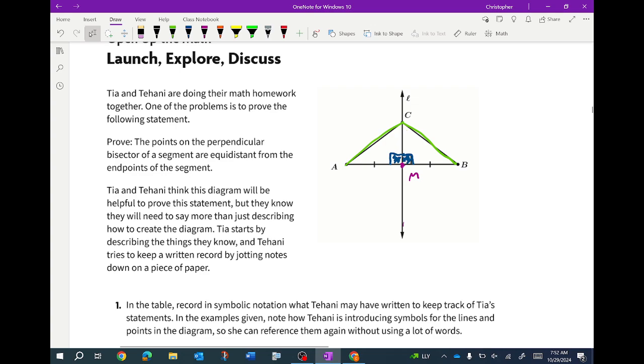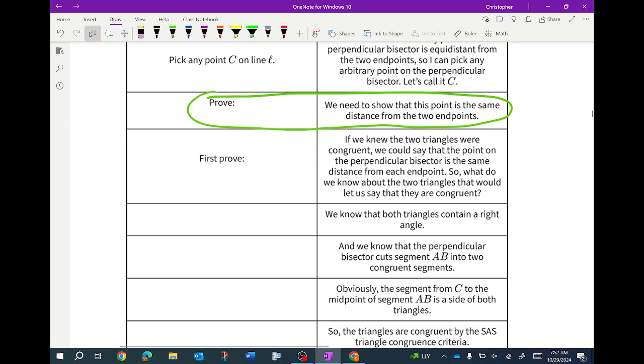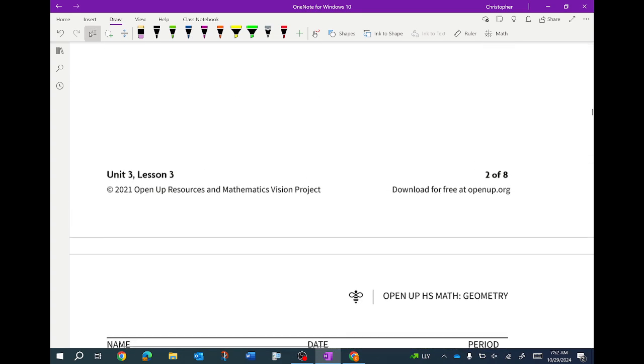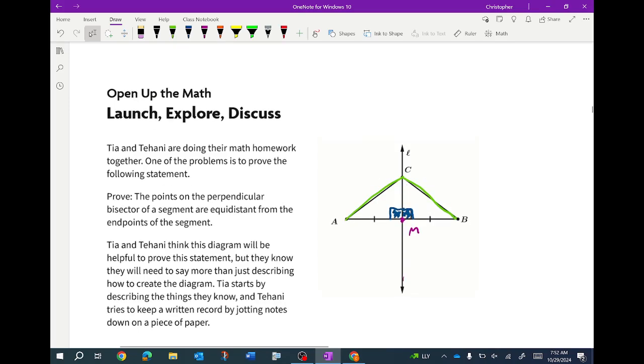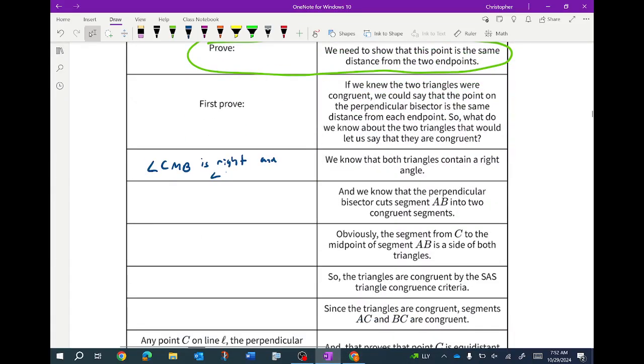So we can say angle CMB is right, and angle CMA, that's the one on the left.